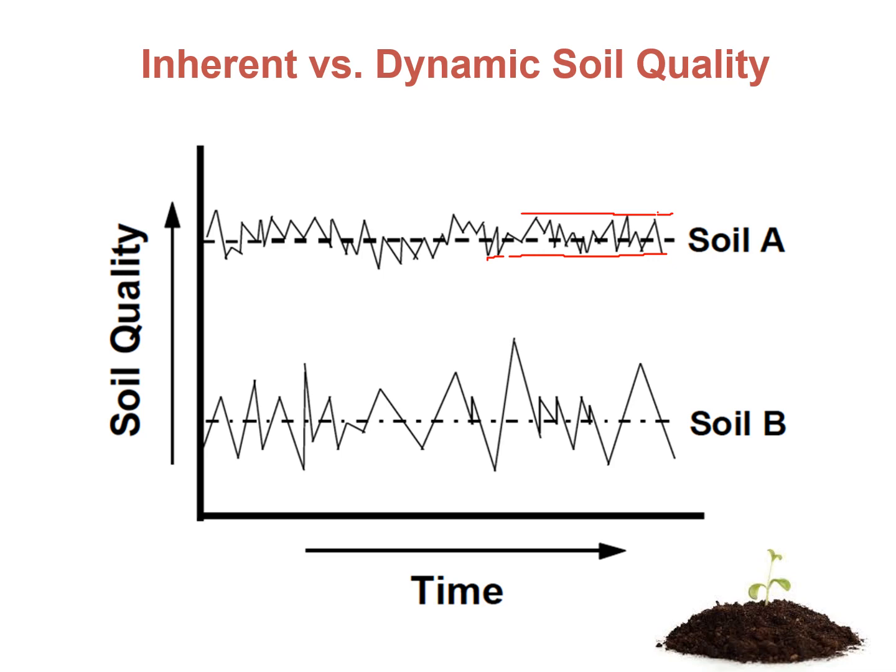And the second, soil B, is relatively poor quality soil. When you have poor quality soil, you have more capacity to change, because as you are at a lower level, you have more margin to change.